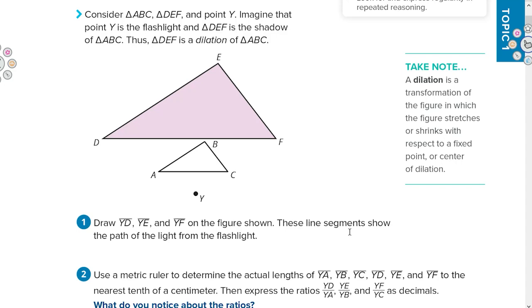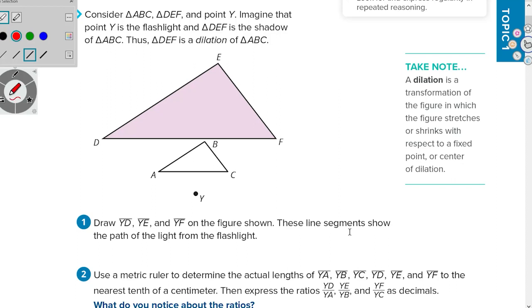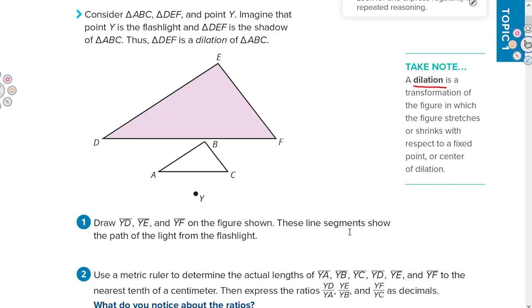Now, if you have forgotten what dilation is, or you never learned because you had Math 8 during COVID, a dilation is a transformation. We've learned about transformations before. We've learned about translations, where you slide things around. We've learned about reflections and rotations. Those are all transformations.